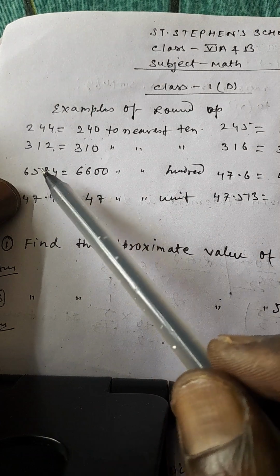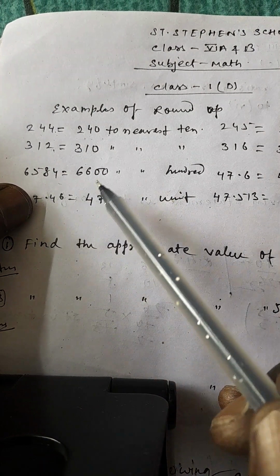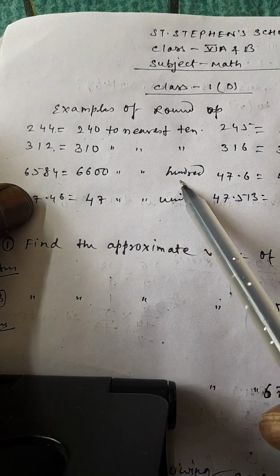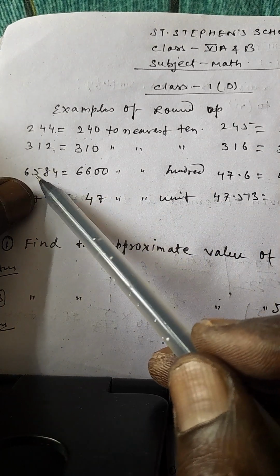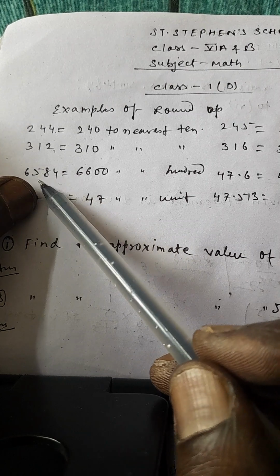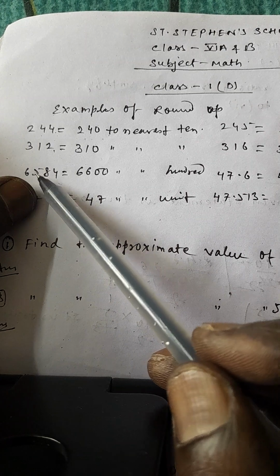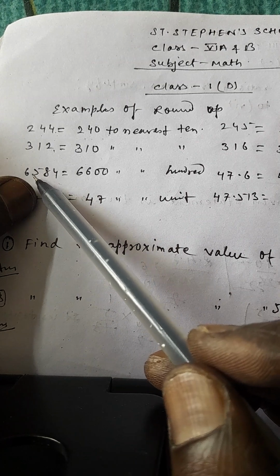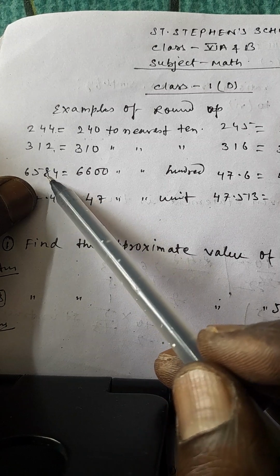In the same way 6584, the nearest value will be up to the 100 place. So the 100 place is what, this is 100 place, unit, 10, 100, and we have to ask the nearest value of 100 place. So here we can see that before the 100 place the number is 8, this is more than 5.